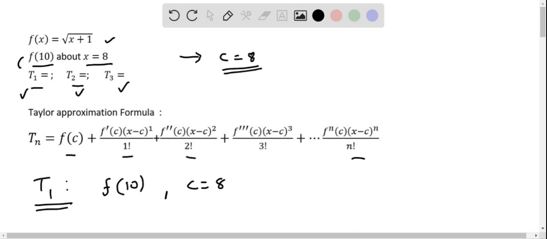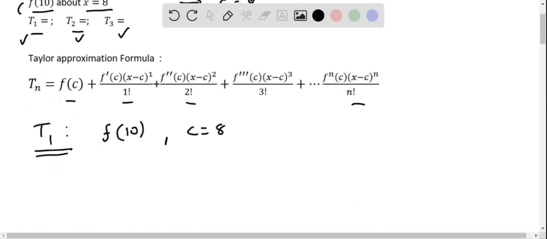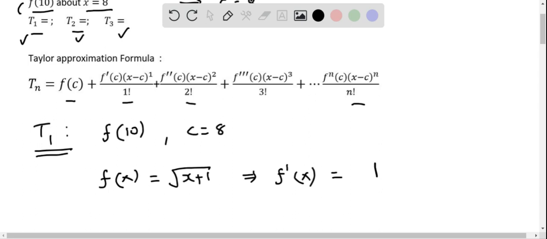To do this, we need the first derivative. We have been given f of x is equal to square root of x plus 1. So I can differentiate both sides. Then I will get f prime of x is equal to 1 divided by 2 times square root of x plus 1.